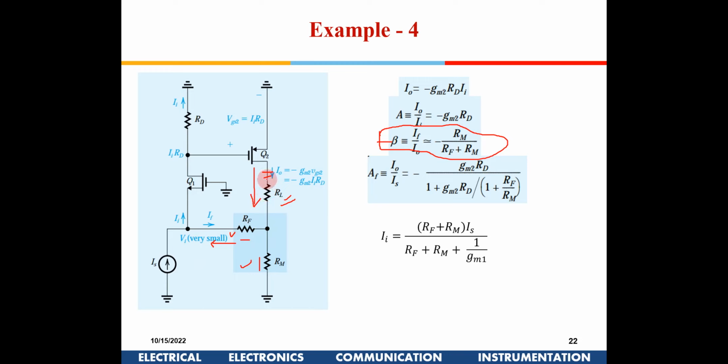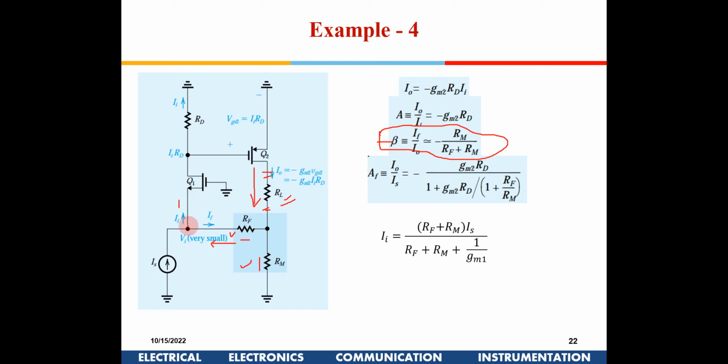I am going to put I0 to see the input side without feedback. So in the input side, I will have this current RF and RM in series. RF and RM will come in series.